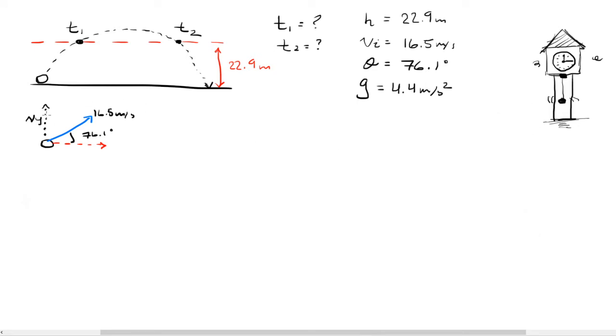So let's get started. The first thing we want to solve before we go on to solving the time is the velocity in the y direction. That equation is velocity in the y equals the initial velocity times the sine of theta. Plugging in what we know, the initial velocity is 16.5, multiplied by the sine of 76.1.